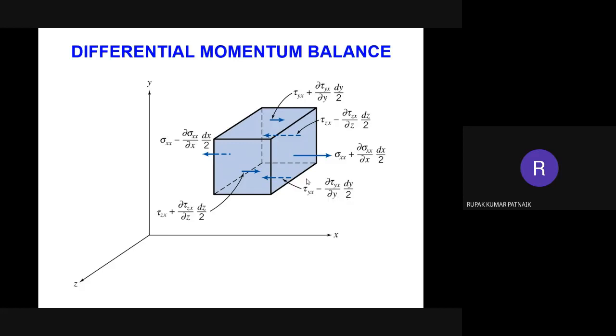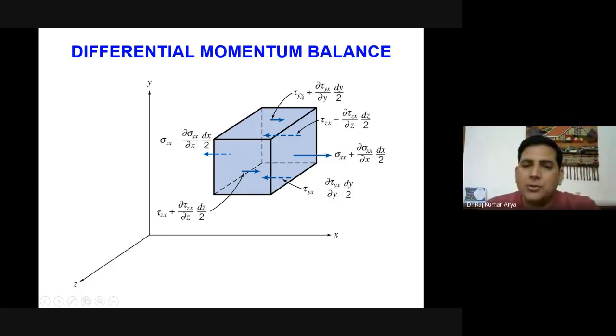Therefore, on the top you wrote tau yx plus del tau yx upon del y multiplied by dy by 2. This is at the top plane, top y. For the bottom, you put a minus because you want to expand to the minus side of the Taylor series. So you got this value. Now you can see this sign is on this side, in the plus x side.